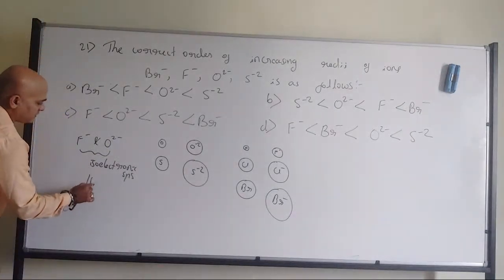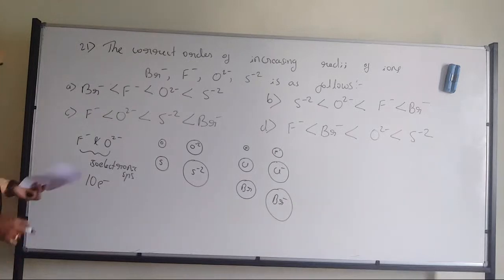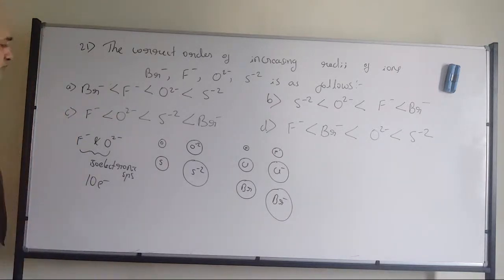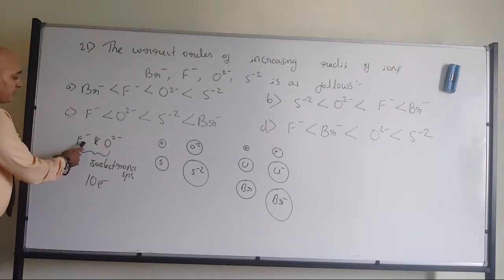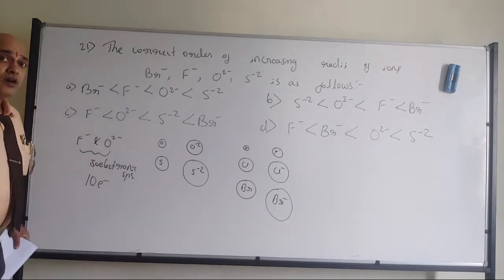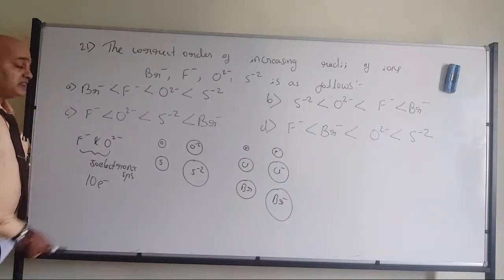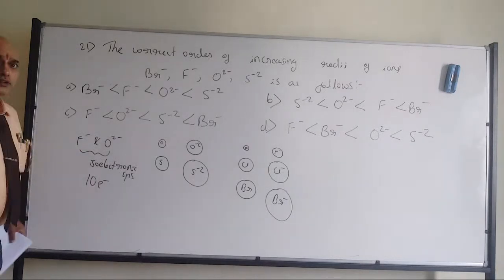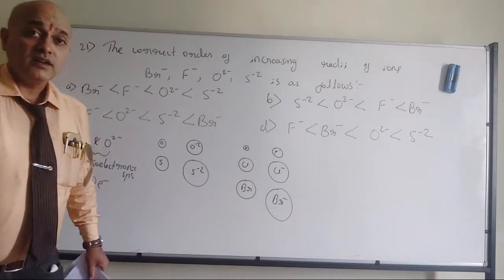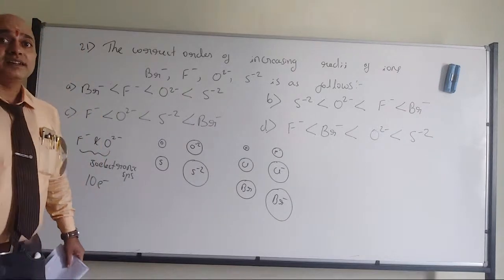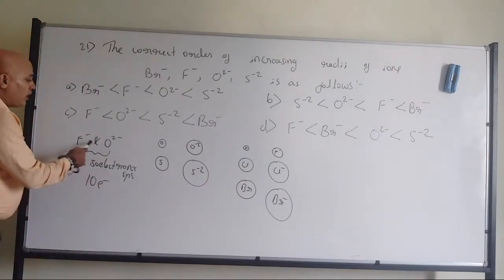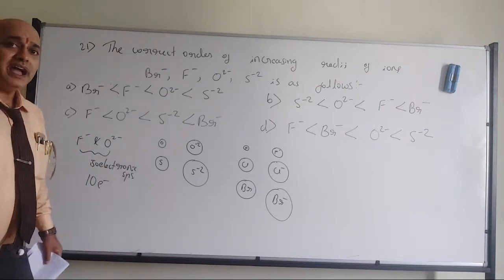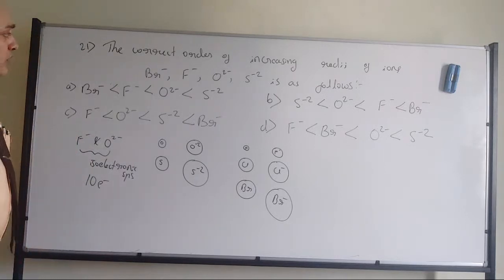So fluoride should be of lesser size compared to oxide. What is the reason? The nuclear charge is higher. In fluoride, the nuclear charge is more, or I can say it is much more rightward compared to oxygen. Therefore, fluoride will have a smaller size compared to oxide.